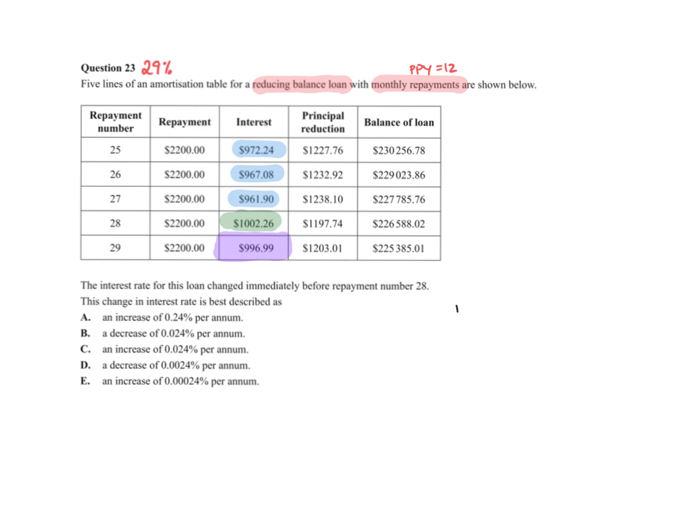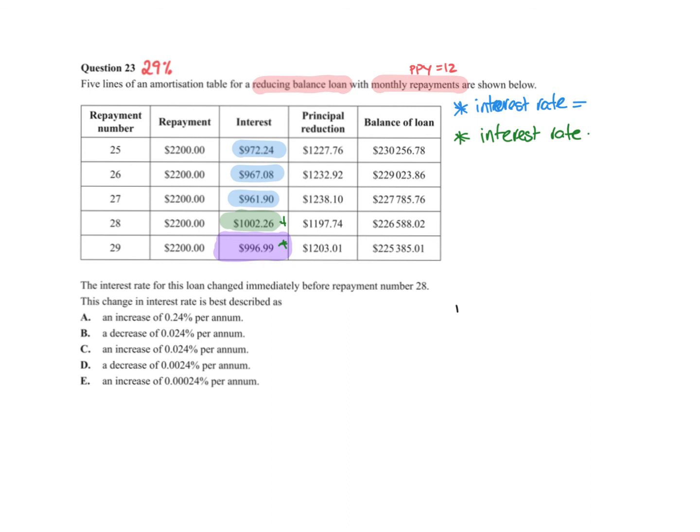So they're telling me the blue had an interest rate, and then it changed, and the green had an interest rate, and then it changed to a new interest rate. So then these two would have new interest rates.